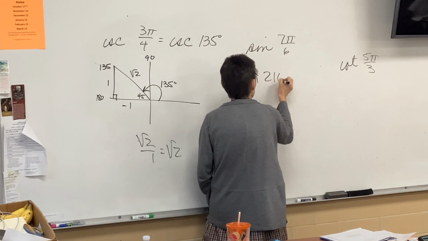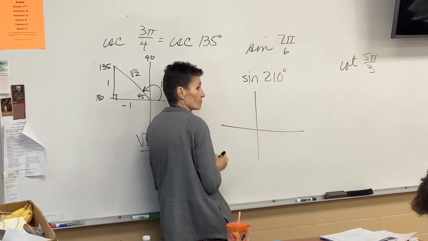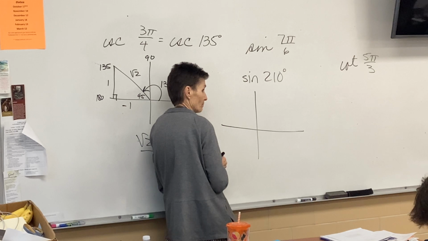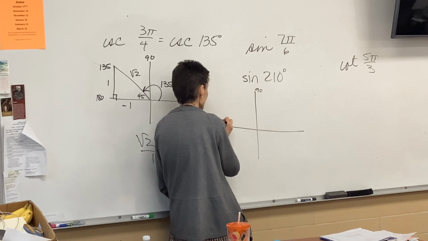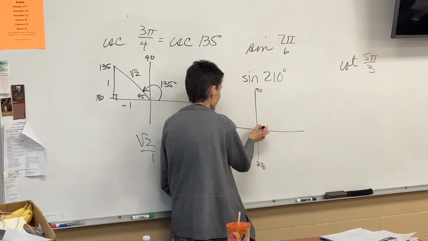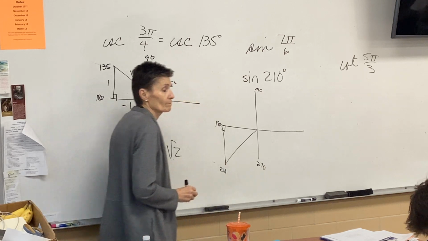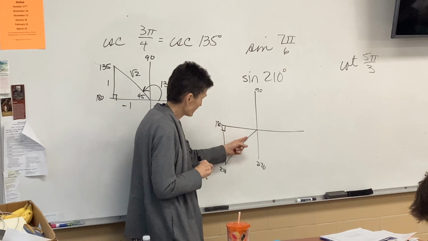So sine 210. Which quadrant is 210? Isn't 210 between 180 and 270? What's this angle here?